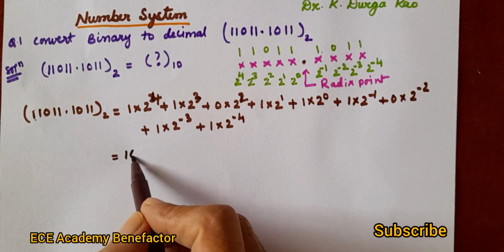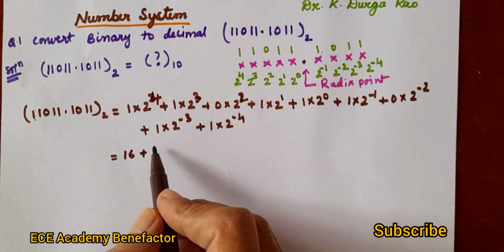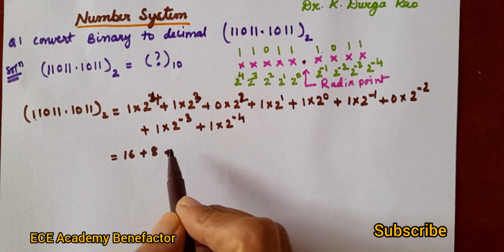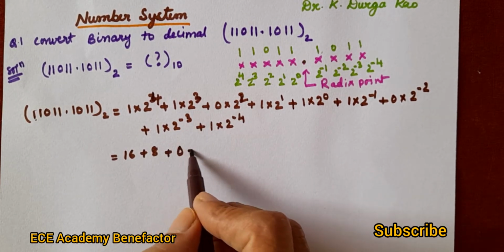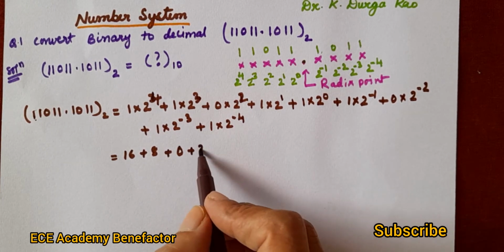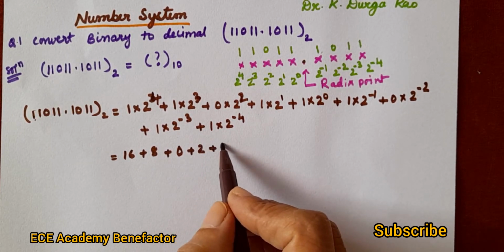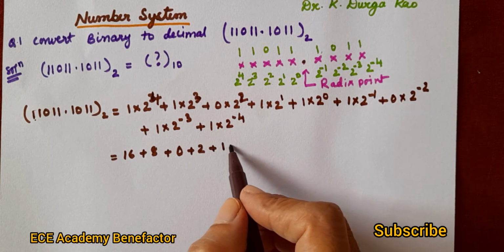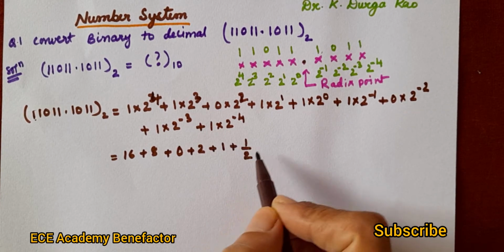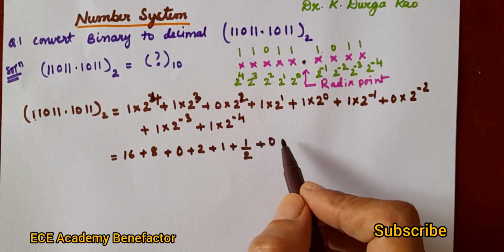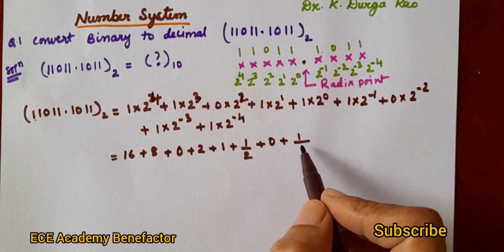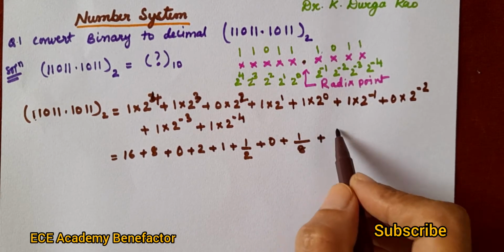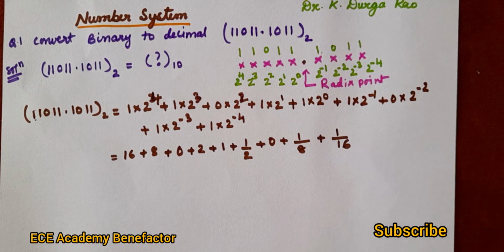That is 16, plus 2 to the power 3 is 8, plus 0, plus 2, plus 1, plus 1 by 2, plus 0, plus 1 by 8, plus 1 by 16.